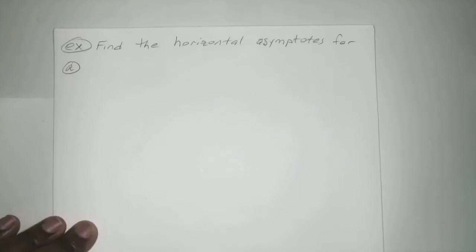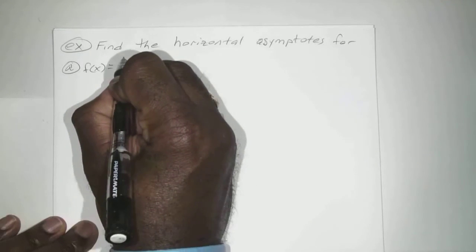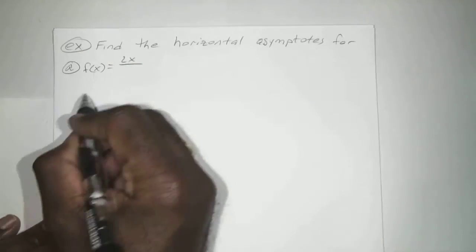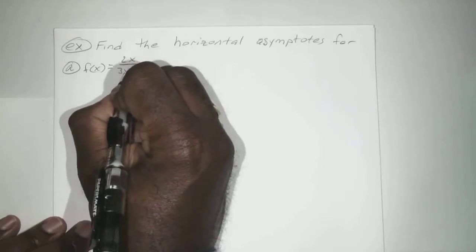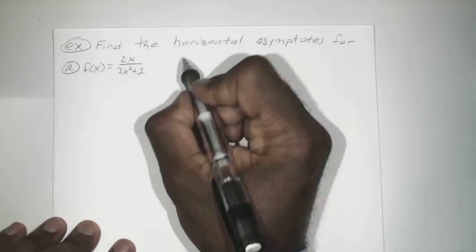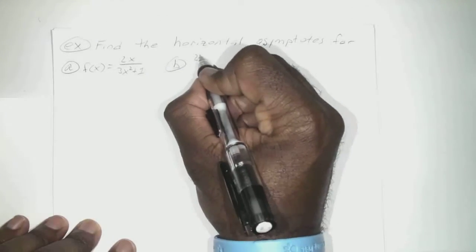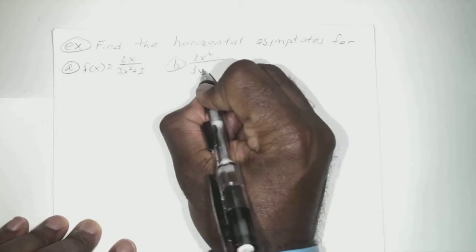Let's say for our problem A, you have f of x equals 2x over 3x squared plus 1. Say for problem B, you have 2x squared over 3x squared plus 1.